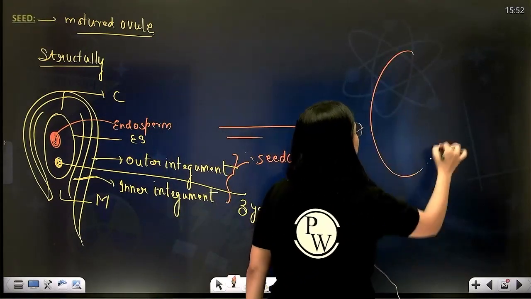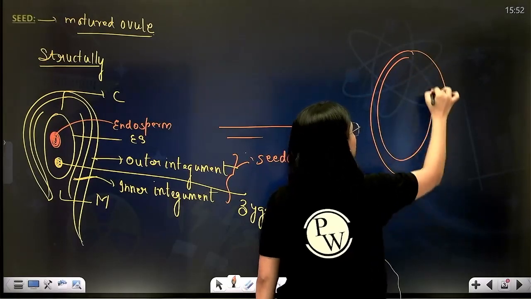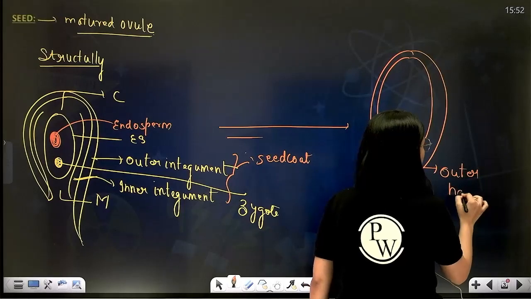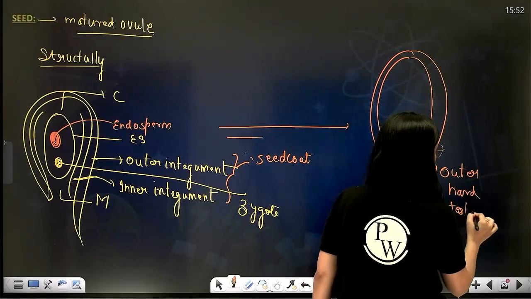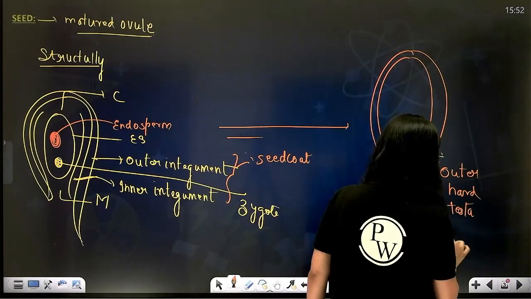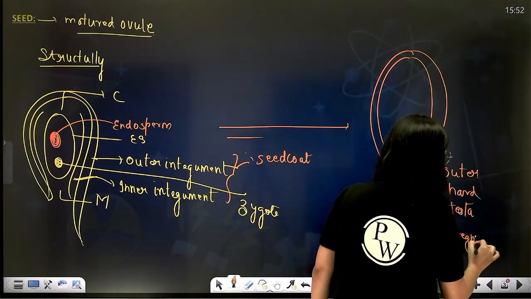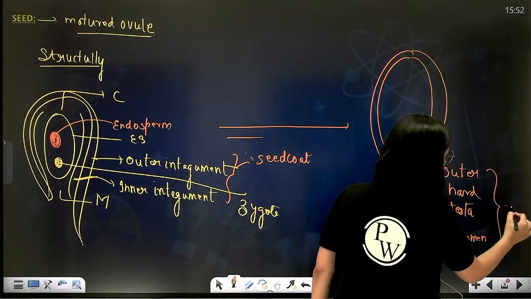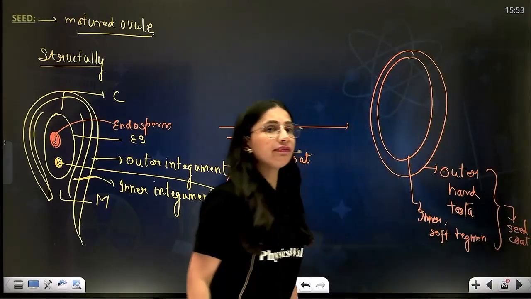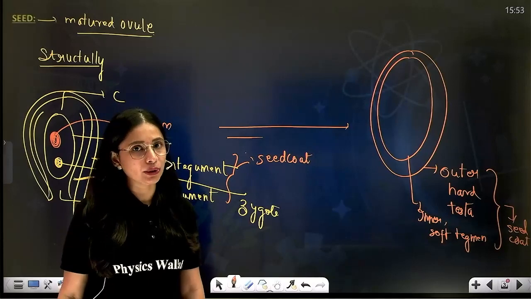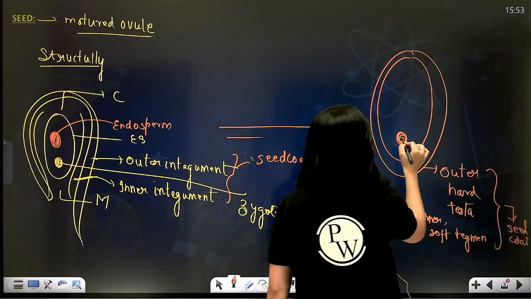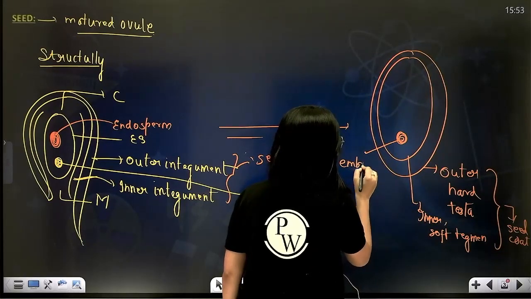So now this is my seed coat, which is actually double layered. Outer integument develops into outer hard testa and inner integument develops into inner soft tegmen. And both these together, testa and tegmen, are known as seed coat that develops from the integument of the ovule, which encloses the diploid cell zygote, which later develops into embryo.